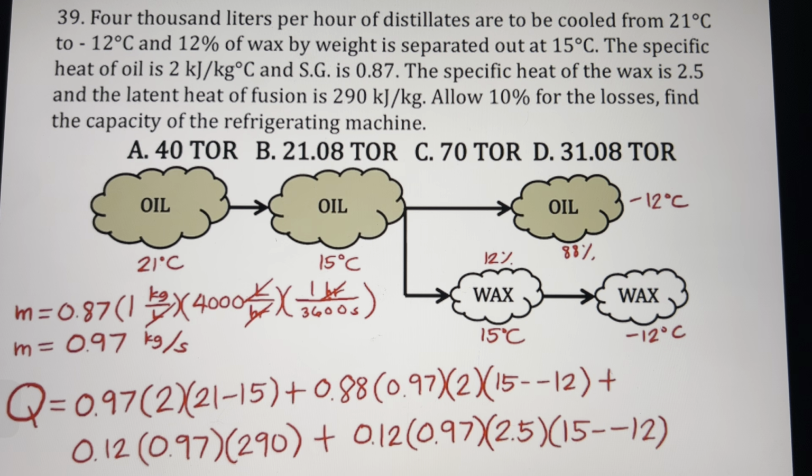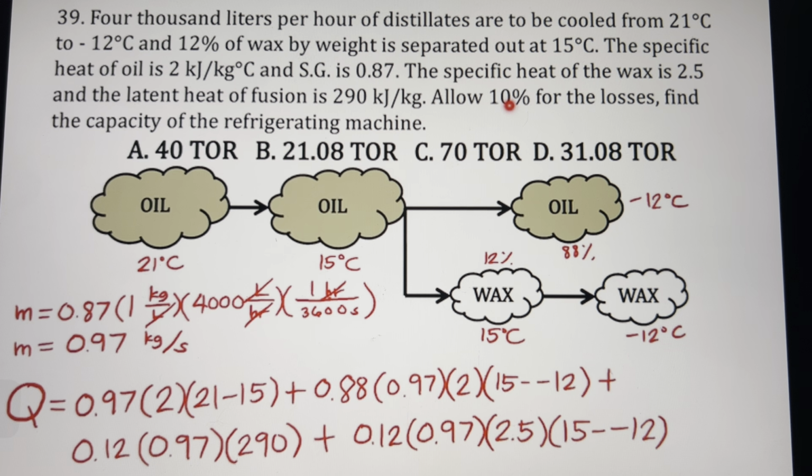kilowatts. Whatever our calculator gives to us, that's not yet our final answer, because what we need here is our capacity in tons of refrigeration. But take note, we have here losses which are 10%. So for a refrigerating machine, we must overcome the 10%.